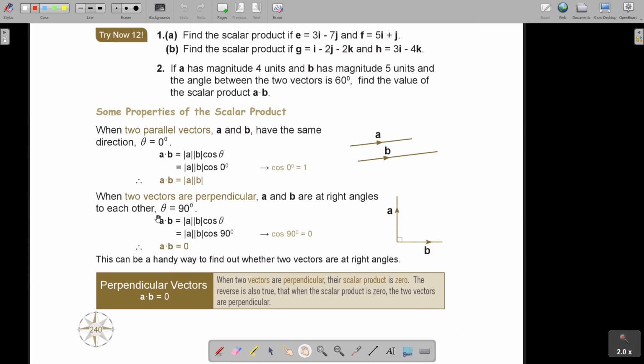When two vectors are perpendicular, at right angles, then the angle will be 90, and cos 90 is 0, you follow? And that's the reason why the scalar product will be 0. So if the scalar product is 0, the angle will be 90 degrees. The reverse is also true: when the scalar product of two vectors is 0, the two vectors are perpendicular.